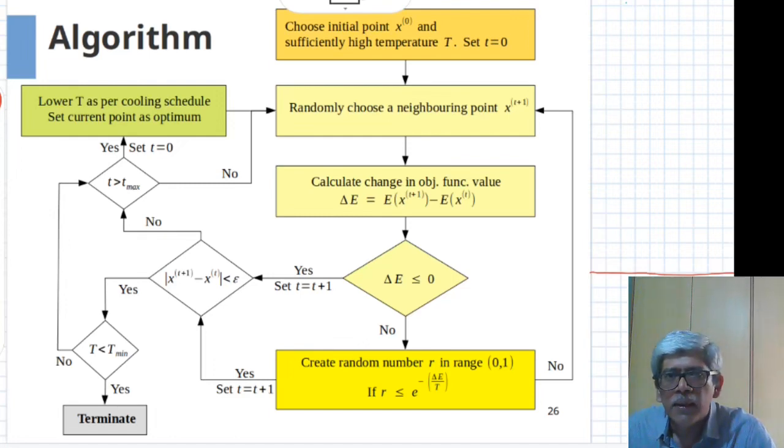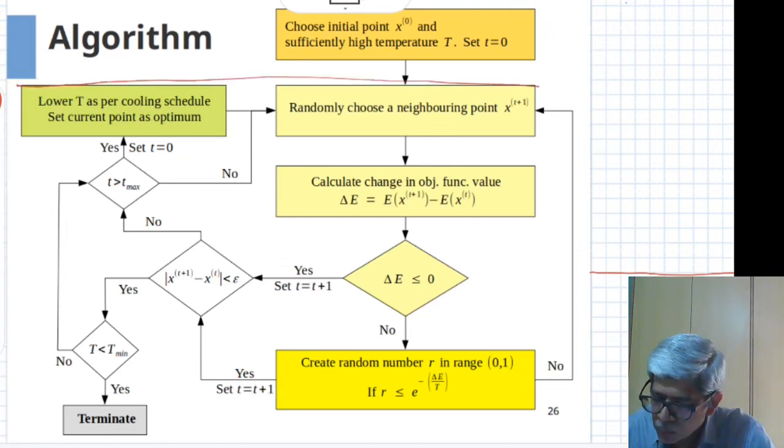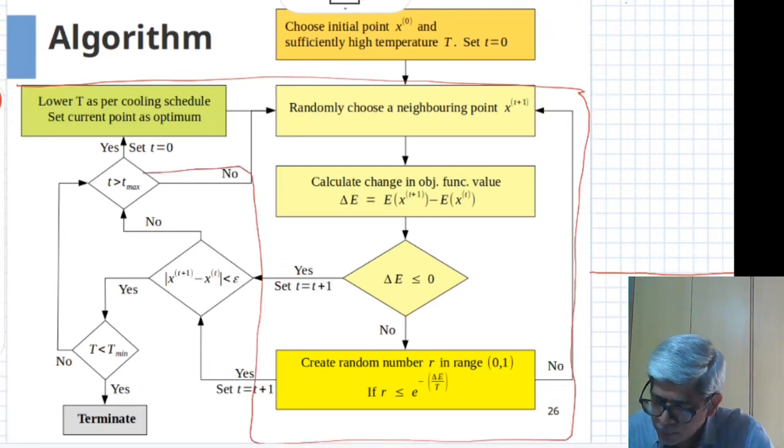Let's understand the simulated annealing algorithm. This algorithm has got two major parts. The first one is the outer loop, which systematically reduces the temperature, or the parameters which control the scatter of searching information.